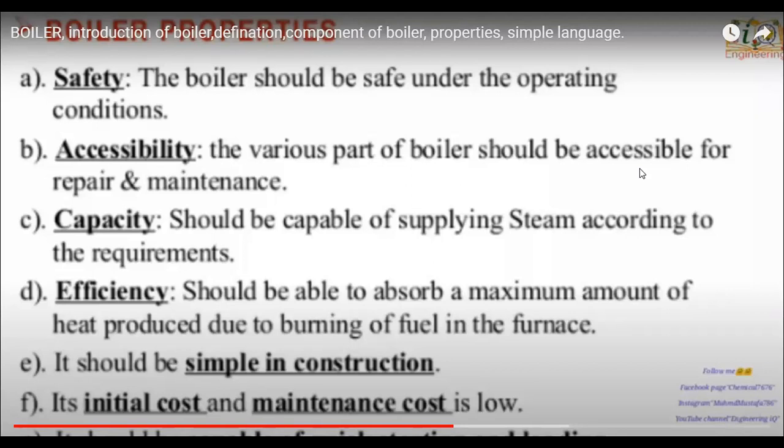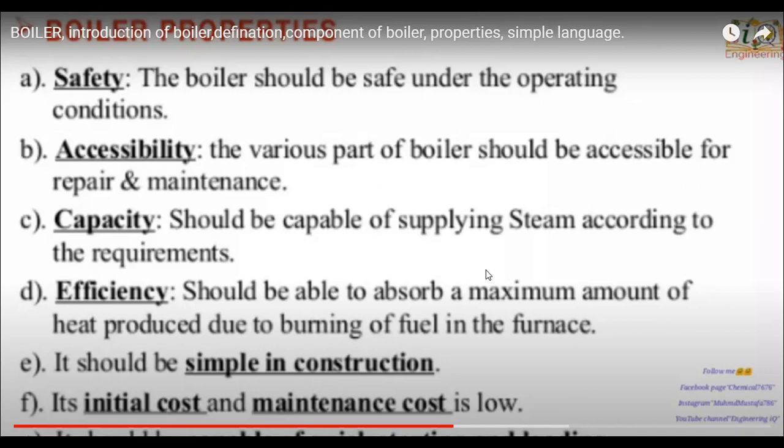Its initial cost and maintenance cost should be low. According to our application and use, the initial cost of the boiler should be minimum, so we can easily install the boiler for our application.